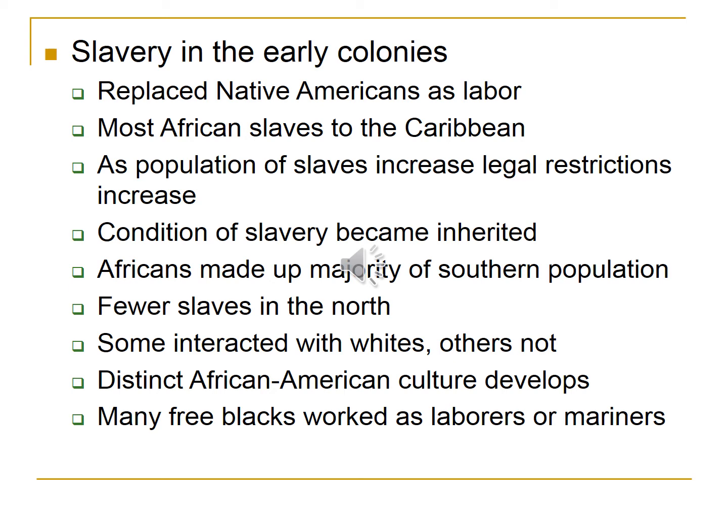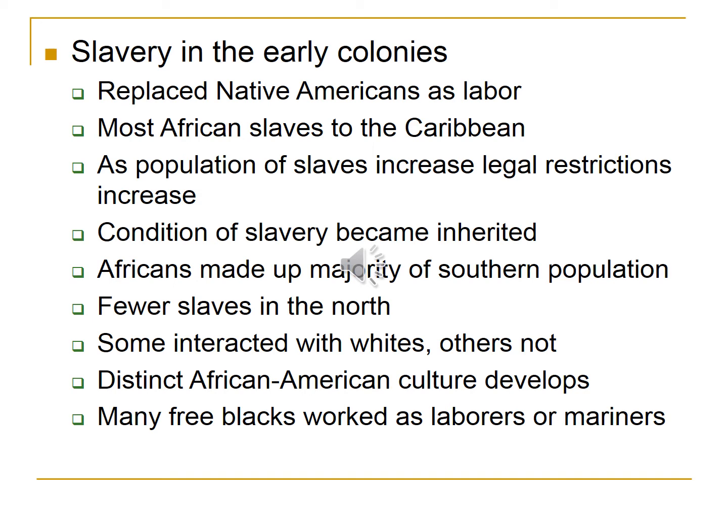Most African slaves initially came to the Caribbean. They came to the Caribbean, the islands, and it was from there that they were sold up to the mainland. Now, this may sound weird, but for many it was better to be on the mainland. It was a relief to be sold onto the mainland and get out of the Caribbean, because of the horror stories that you hear about slavery in America.